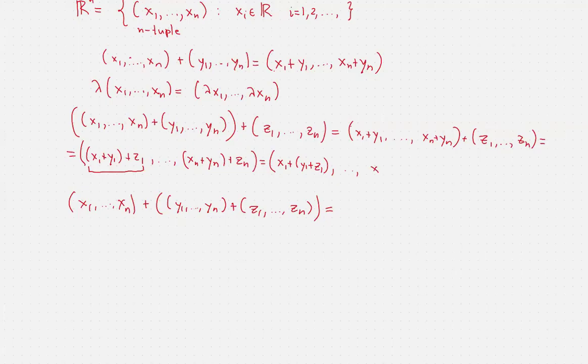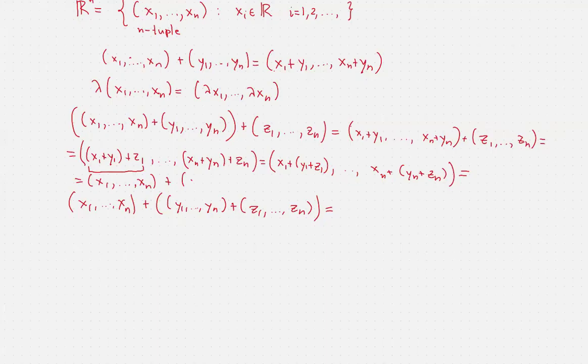And here, this is by definition x1, comma, xn plus y1 plus z1, all the way to yn plus zn.